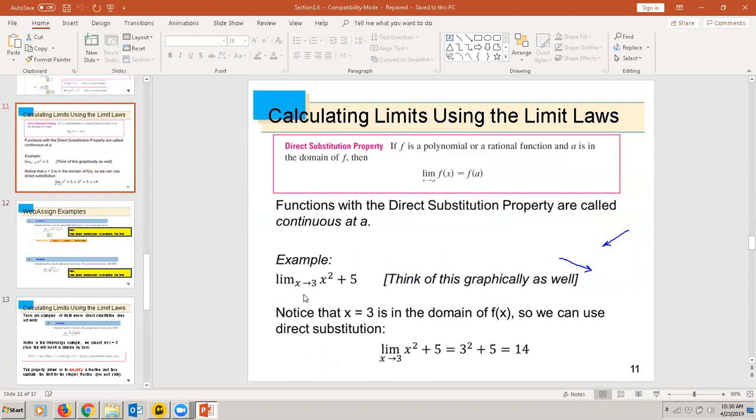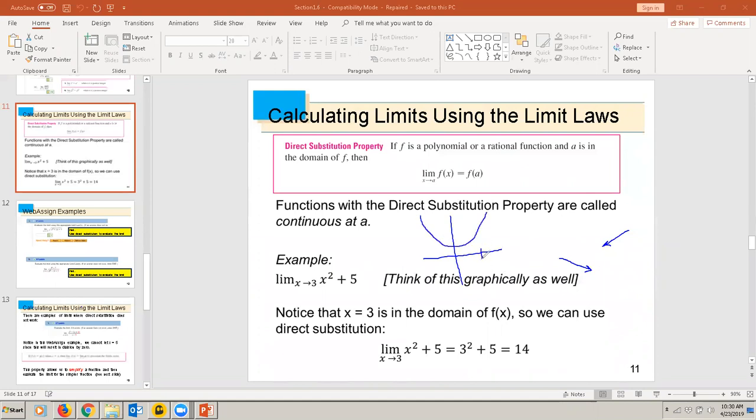Let's go to this example here. It says the limit as x approaches 3 of x squared plus 5. Well, x squared plus 5 is a continuous function. Let me draw x squared plus 5, just so you can get a sense. x squared is a parabola, so this graph would do something like this.